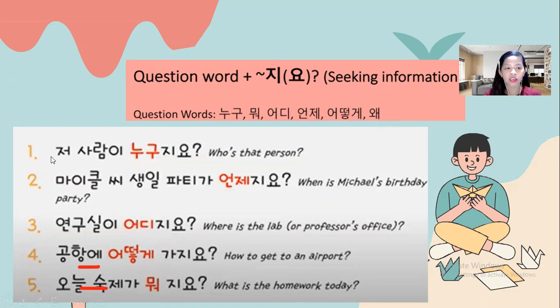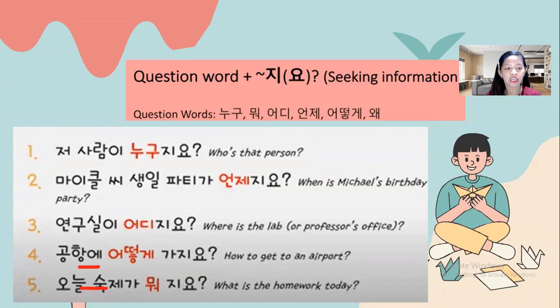Let's have number one. 저 사람이 누구지요? Okay, so you see, in that example, it does not seek confirmation, but it asks about a person. Okay, for number two, Michael 씨 생일 파티가 언제지요? So still, it asks when is Michael's birthday.